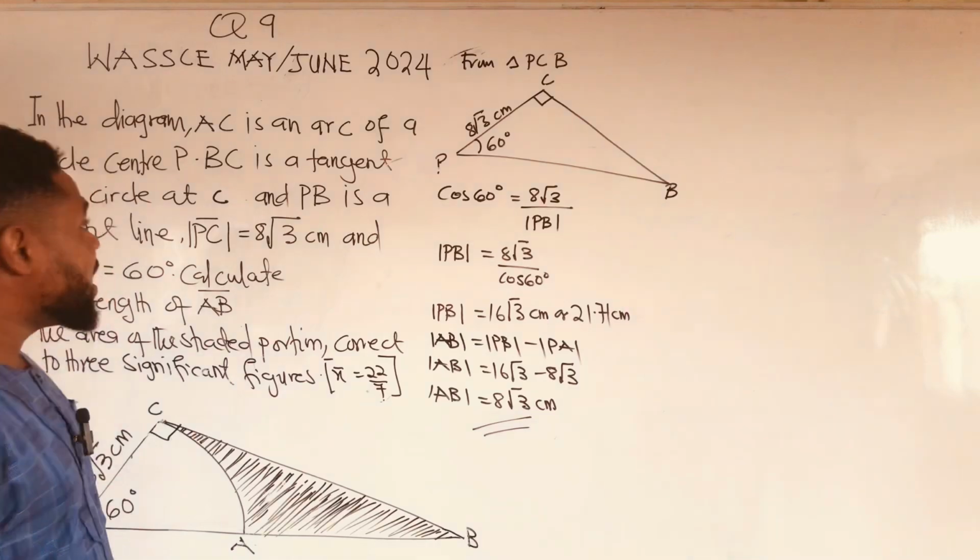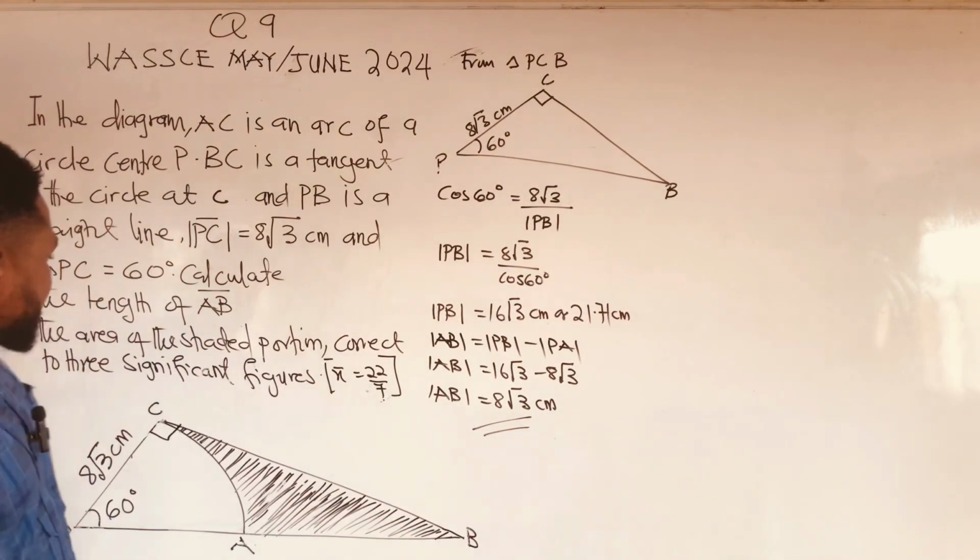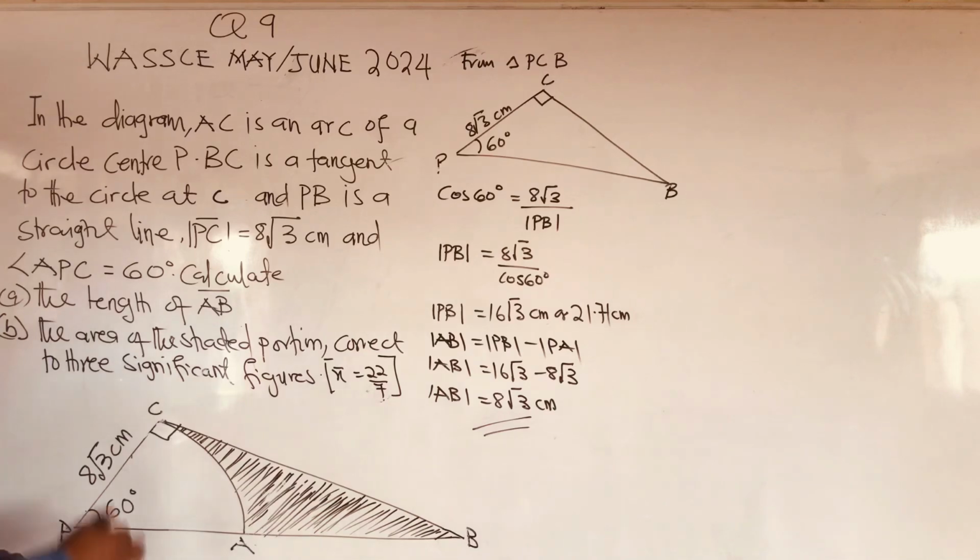All right. Now, let us see how we can find the area of the shaded portion, which is the B part. So first of all, let us find the area of the sector, all right?